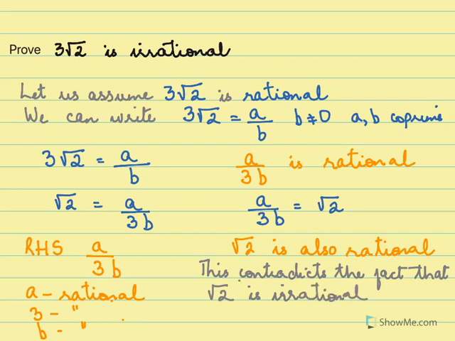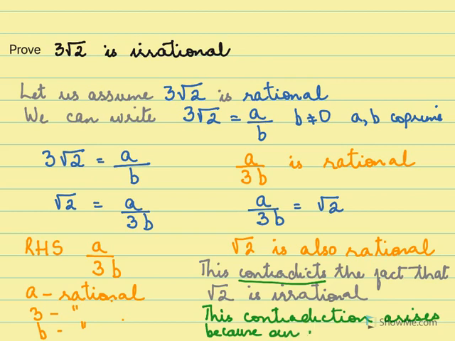So why did we arrive at this contradiction? It's because our assumption was wrong. So this contradiction arises because our assumption is wrong.